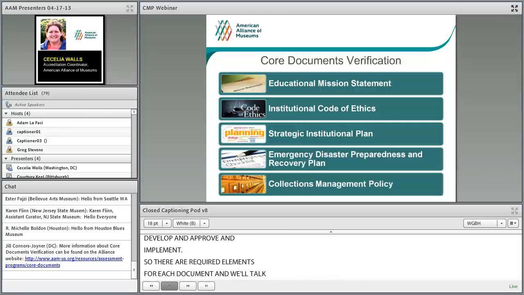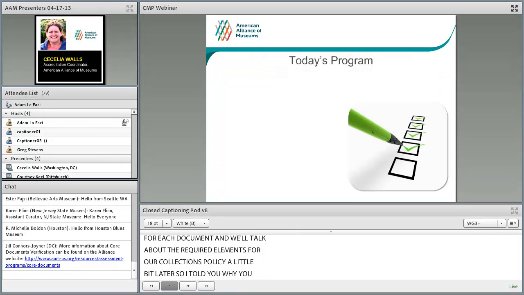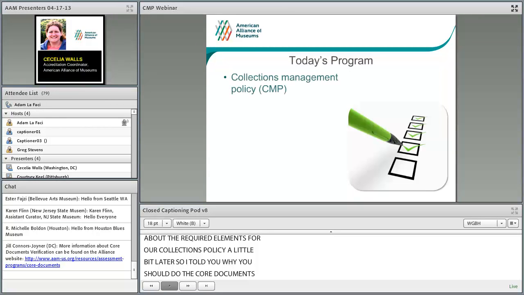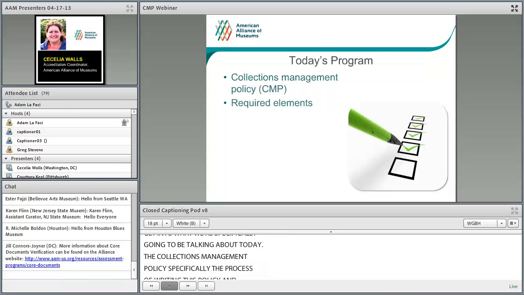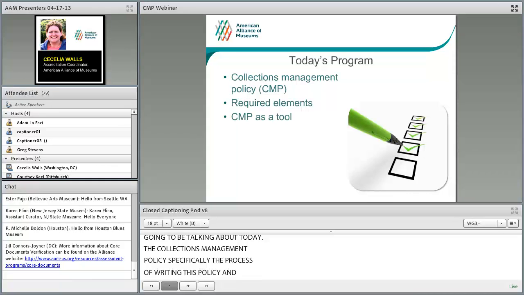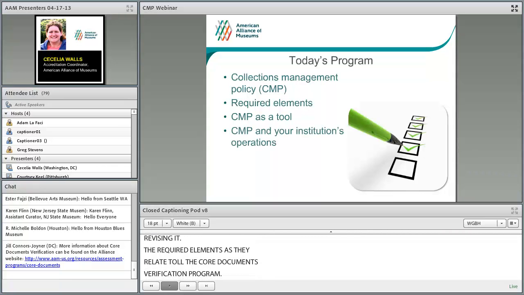So I told you why you should do the Core Documents Verification Program, but let's get into what we're specifically going to be talking about today. The Collections Management Policy, specifically the process of writing this policy and revising it, the required elements as they relate to the Core Documents Verification Program, using this document as a tool for your institution, and relating the policy to your entire institution.